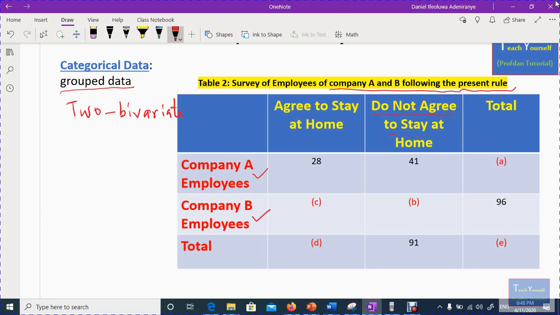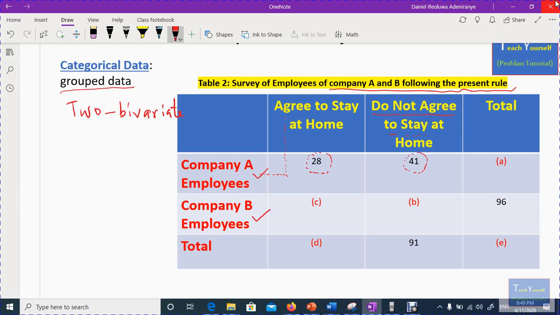Okay, so as a way of explaining, company A employees here is showing 28. What does it mean? Look at this, agree to stay at home. So that means that for company A employees, 28 employees agree to stay at home. You have this 41.